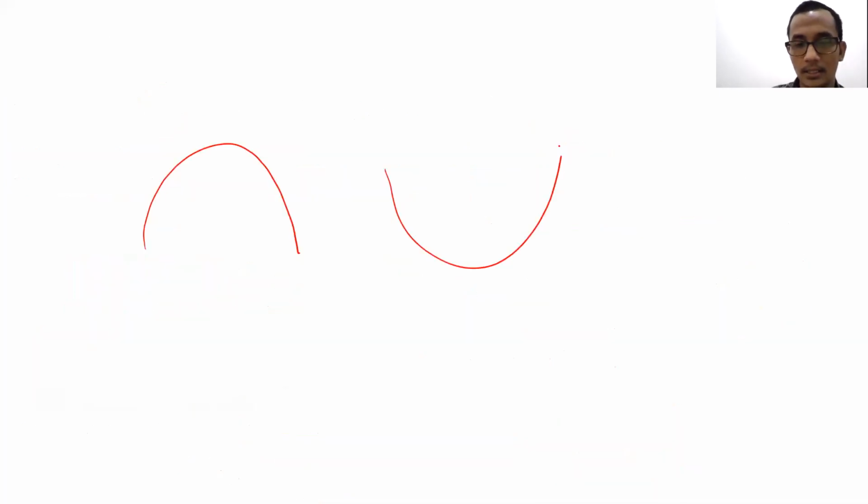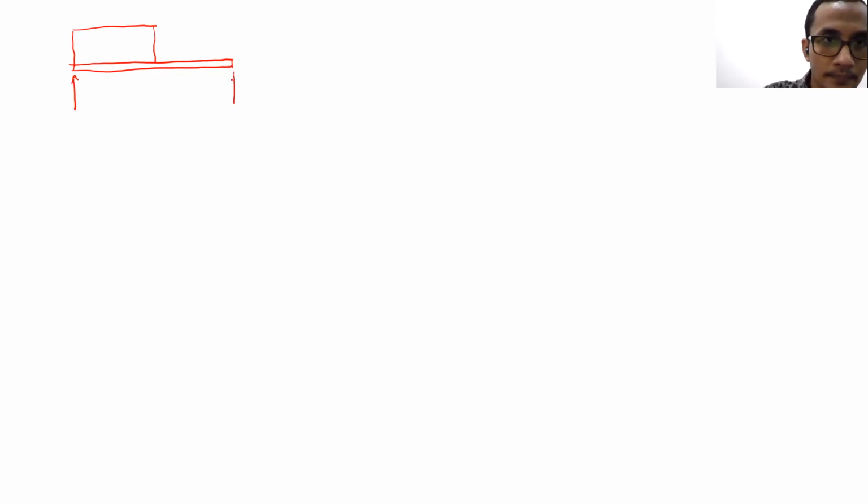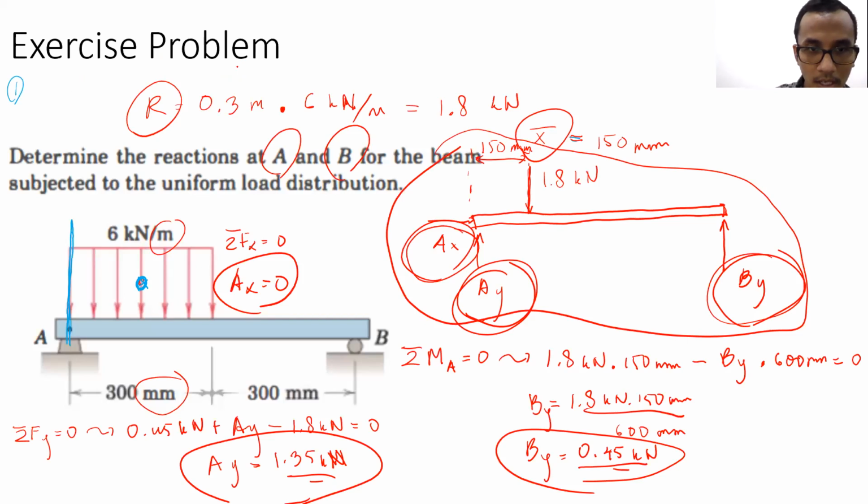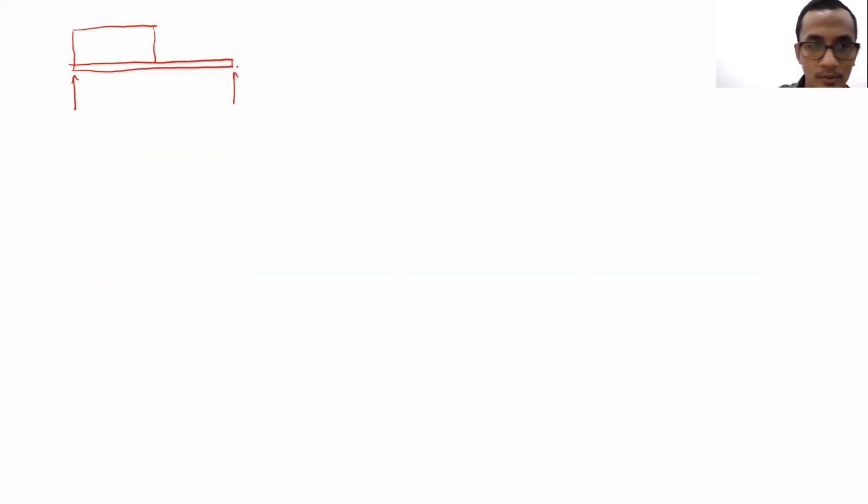So later, the final free body diagram is supposed to be like this, right? AY is supposed to be 1.35, BY is supposed to be 0.45. 1.35 kilonewton, and the distribution is 6 kilonewton per meter.